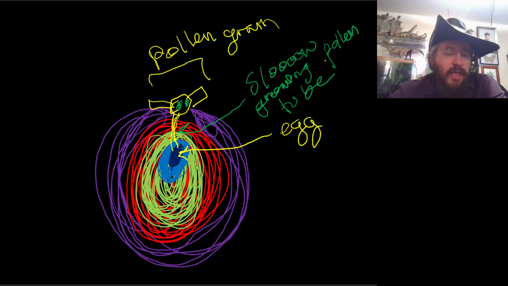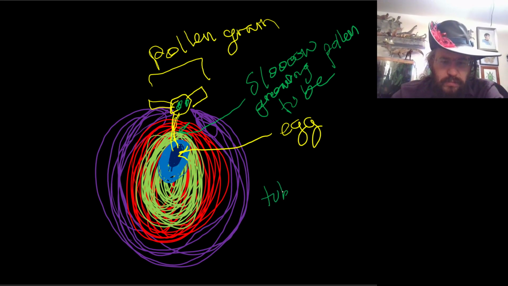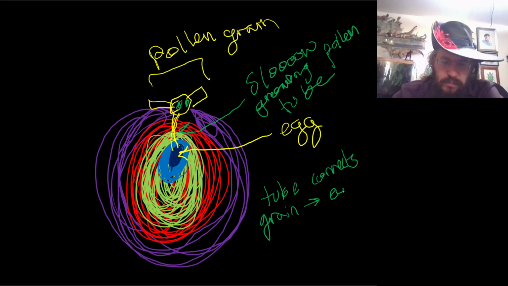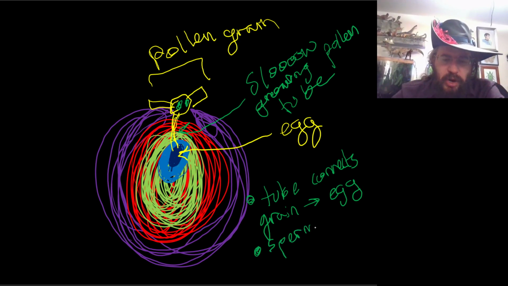But finally, once that pollen tube connects the grain to the egg, the sperm are released into the tube. Sperm nucleus, only one.